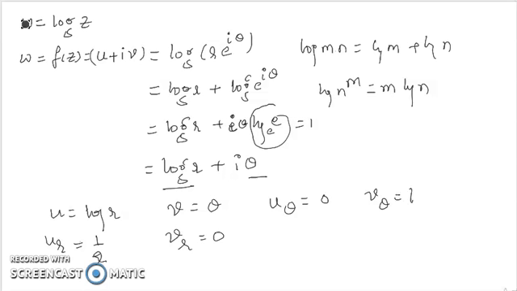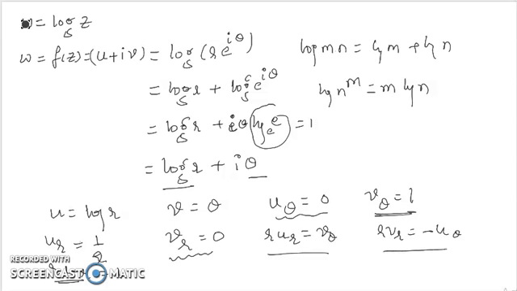Then, in case of polar form, we know the CR equations are r u_r is equal to v_theta, and r v_r is equal to minus u_theta. So r u_r is equal to 1, which is equal to v_theta, and v_r is equal to u_theta, both being 0. So the CR equations are satisfied.